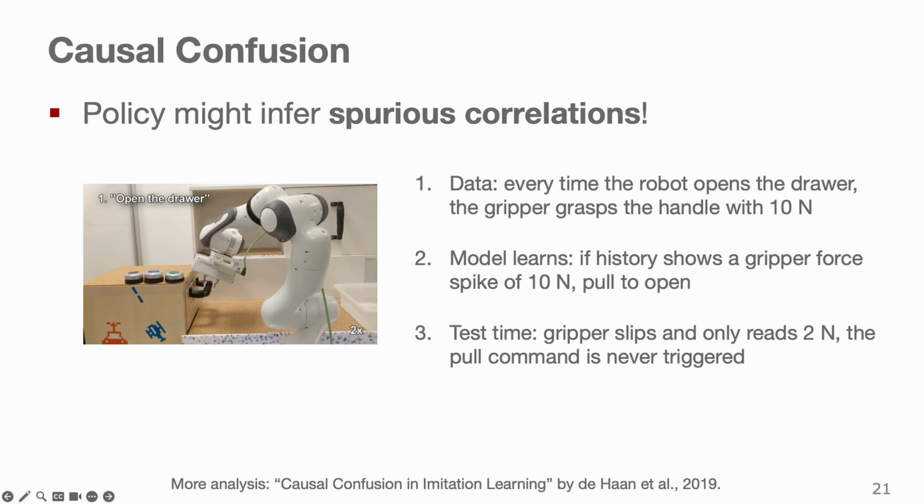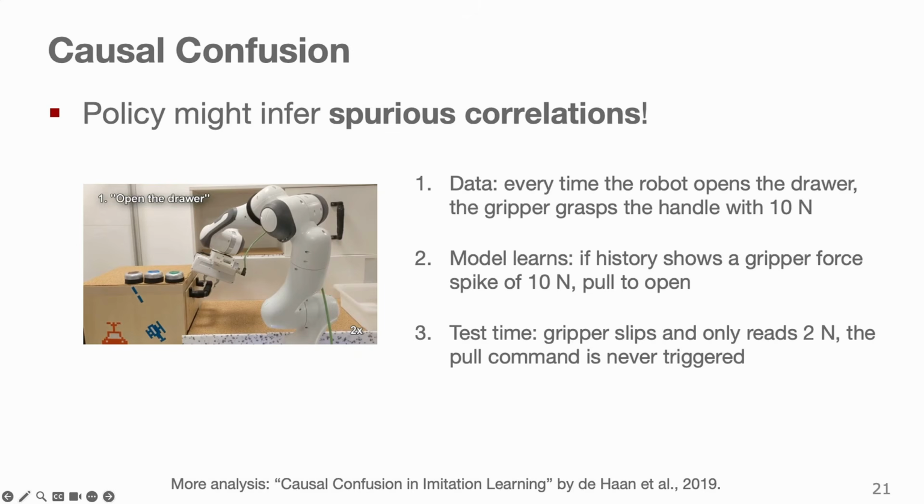And now if you deploy this on the real robot, maybe your gripper slips slightly or it's a bit dusty. And let's say the sensor only reads 2 newtons. Then the model will be confused because it thinks that the sensor value causes the opening action rather than the visual state of the handle being grasped. And so the pull command will never be triggered.